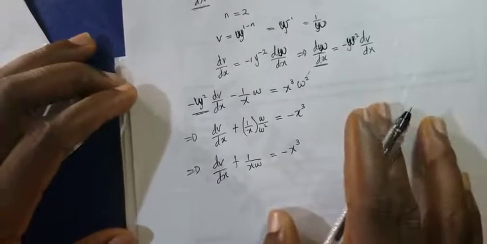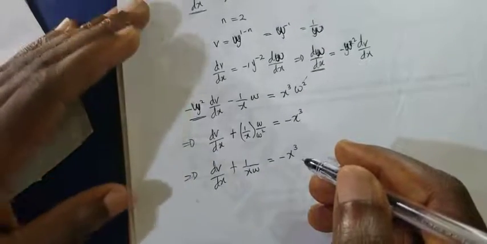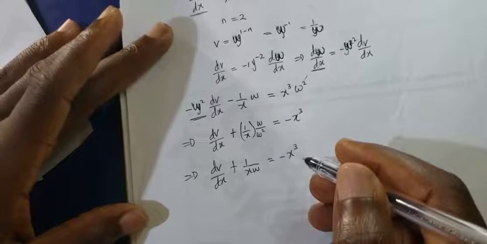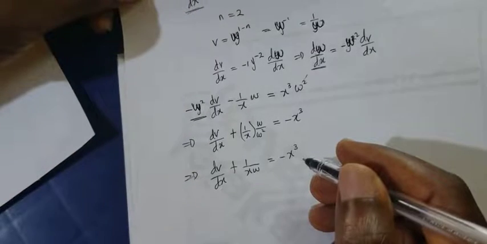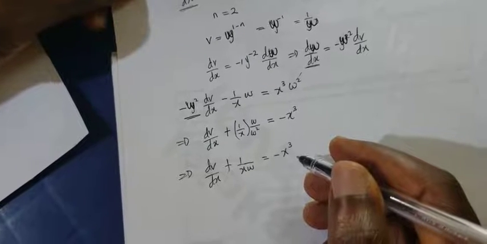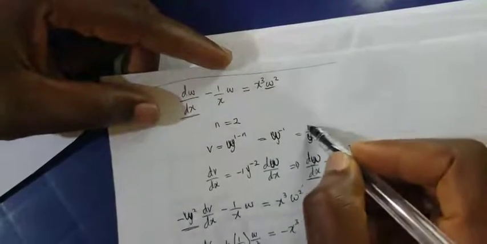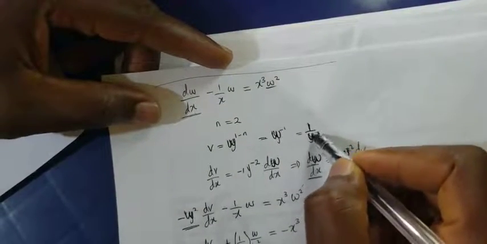So our integrating factor in this case, we should get v at the end of the day. From what we have done here, 1 over w is v, so we have to get v here.